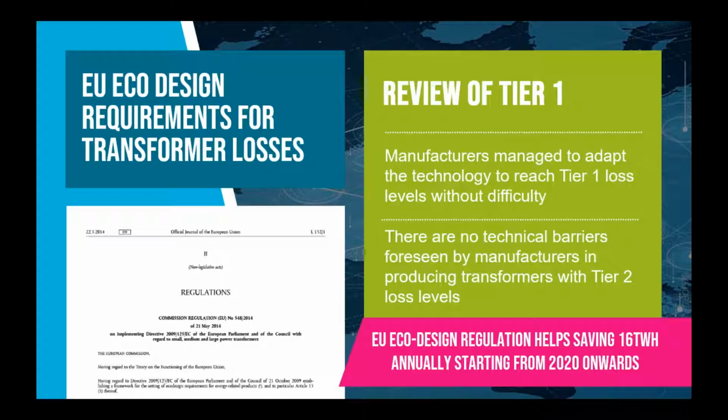The Commission says that there are no technical barriers foreseen by manufacturers in producing transformers with Tier 2 losses, and we know that as well. And hopefully, after 5 years from rolling out the regulation back in 2015, this will help save Europe as a continent 16 terawatt hours annually, starting from 2020.